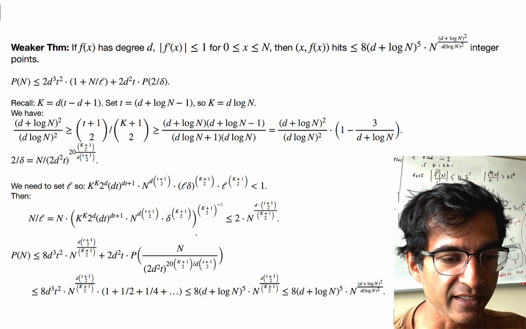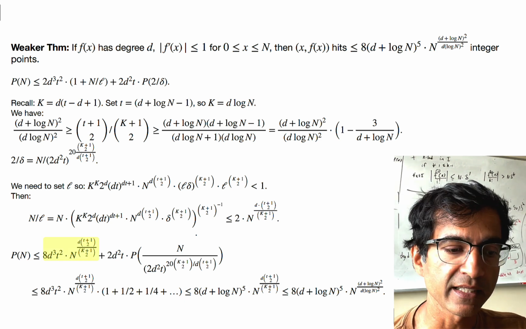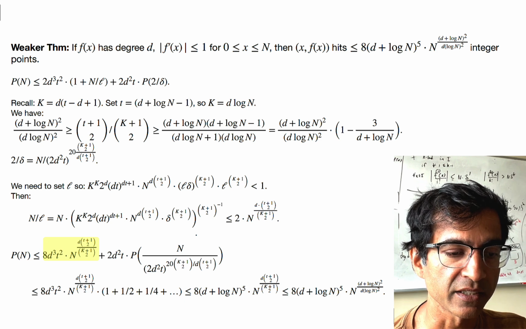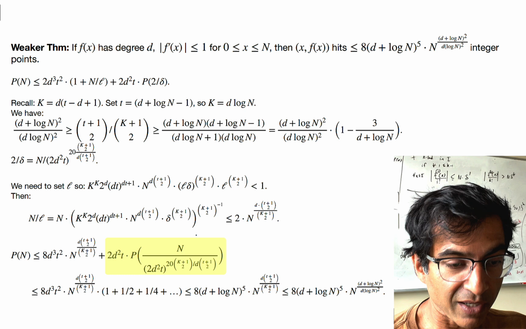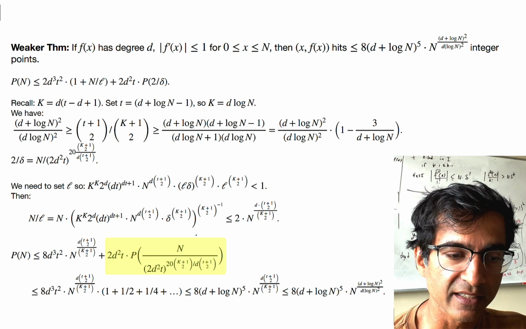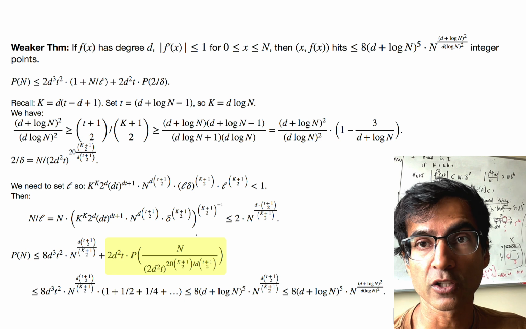And the upshot is that you eventually get a formula of the type p of n is bounded by some polynomial in d and t times n to the power dt plus 1, this ratio, plus another polynomial in d and t, and p evaluated recursively on a smaller interval.